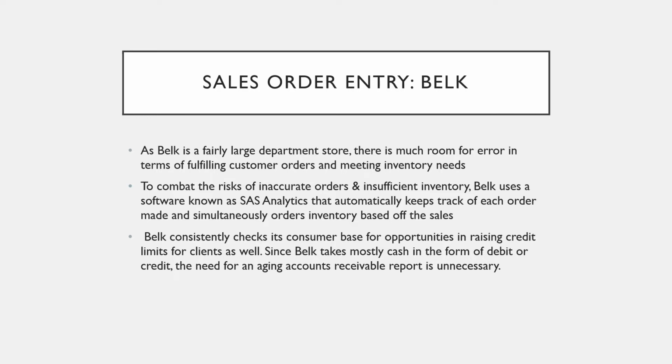To combat the risk of inaccurate orders and insufficient inventory, Belk paired with IBM to use a software known as SaaS Analytics that automatically keeps track of each order made, whether in store or online, and automatically and simultaneously orders inventory based off the sales order.